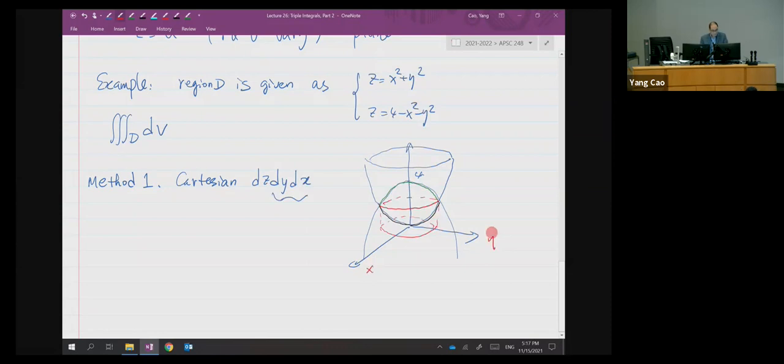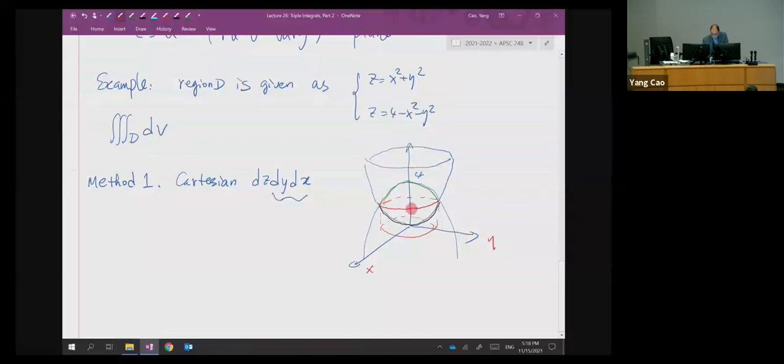Now the question is, what will be the equation for the shadow? That can be found based on the given two surfaces. So you have two surfaces here, and the shadow is basically the intersection curve, which can be solved using the two equations.